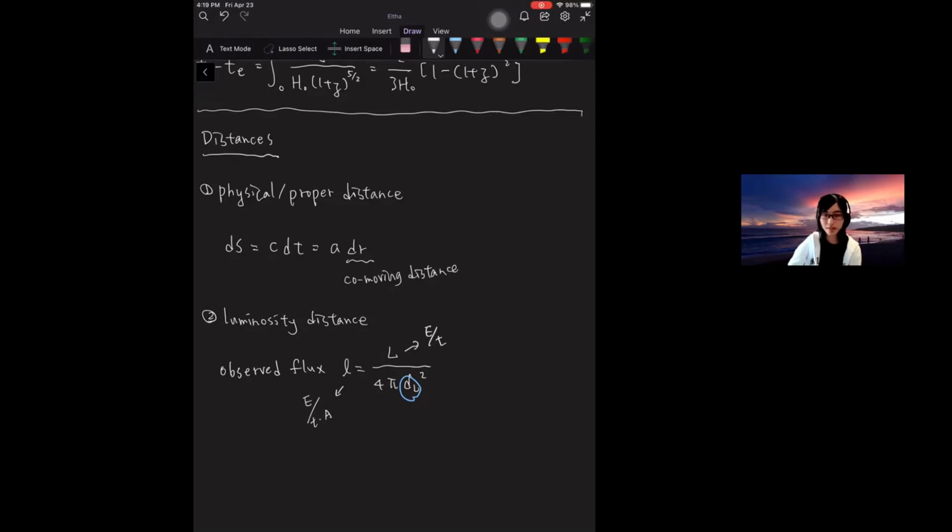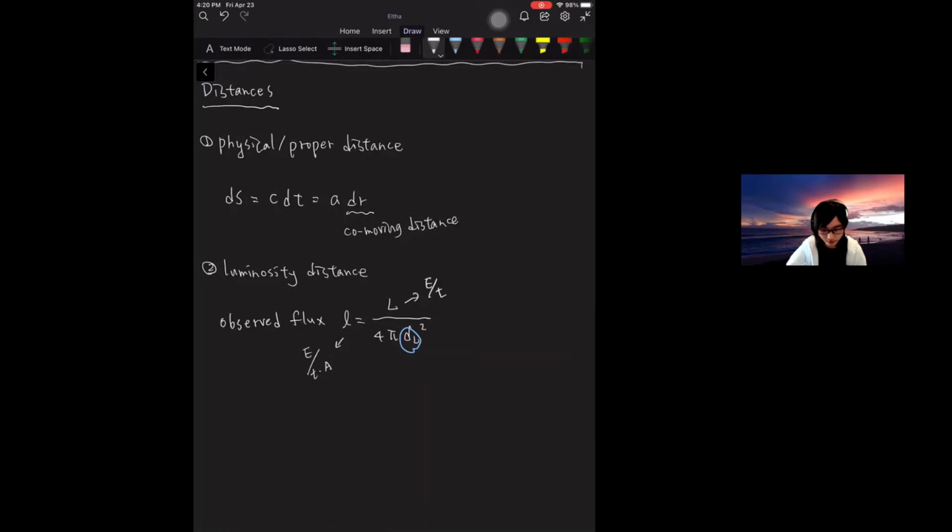We have to be careful that this relation basically assumes that there is nothing between ourselves and the observed object, right? Because if there is anything along the line of sight that absorbs any light, then this will not be true, right? The luminosity distance in cosmology needs several corrections.